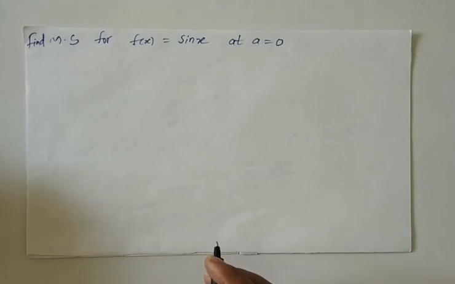For finding Maclaurin series of the function sin x at a is equal to 0, first we have to write the formula for Maclaurin series.